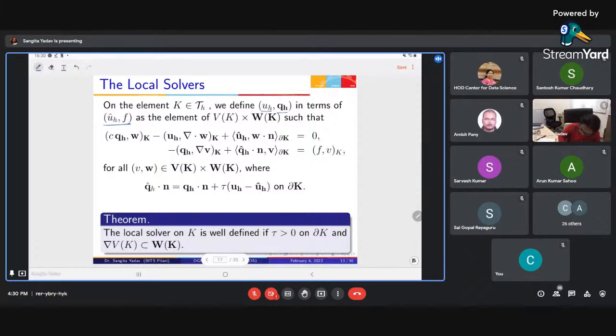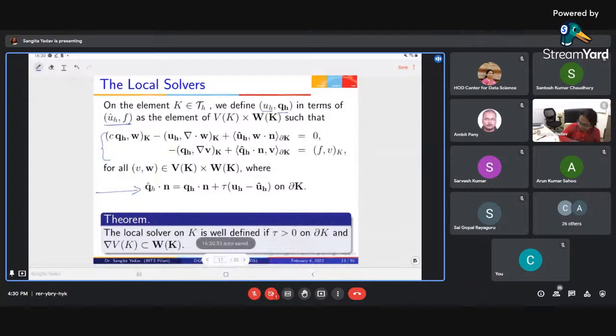And then you will solve these two equations. After finding this uh and qh in terms of uh hat and f, you are going to substitute these values over here for qh and uh in terms of uh hat and f.